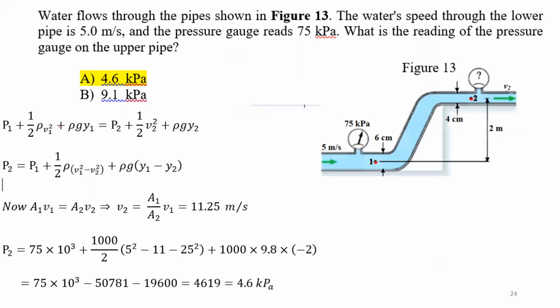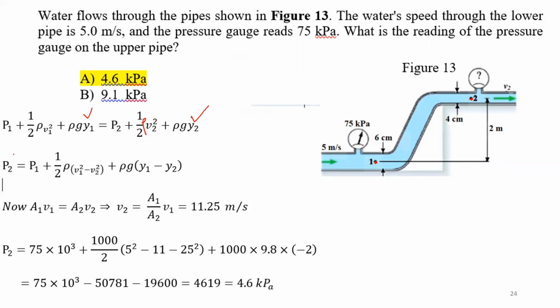P1 plus half rho V1 square plus rho g y1 is equal to P2 plus half rho V2 square plus rho g y2. So I know the Y's, do I know the V's? Not yet, but I can get them.